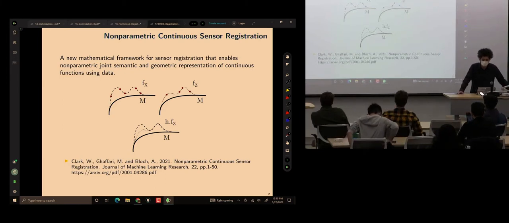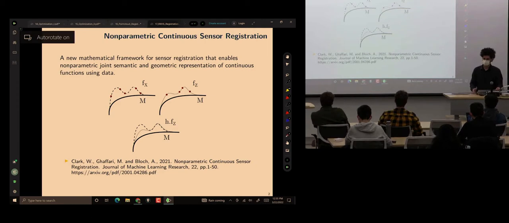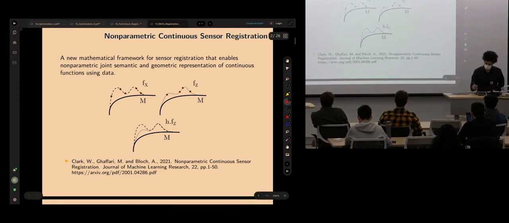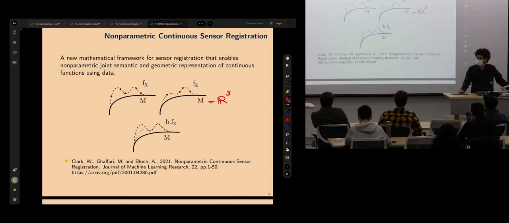But generally, the space that we work on is a manifold. So the data points live on that manifold. An example of that is the familiar 3D space, where this manifold could be our familiar R3 when we had our point clouds in the previous lecture.